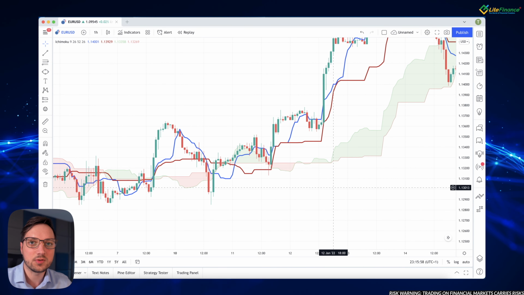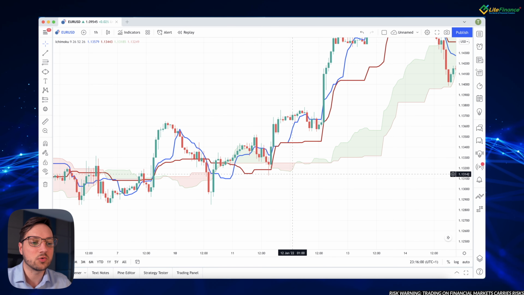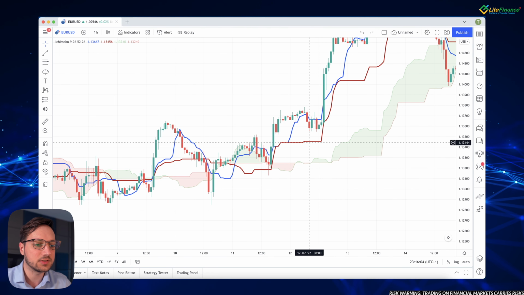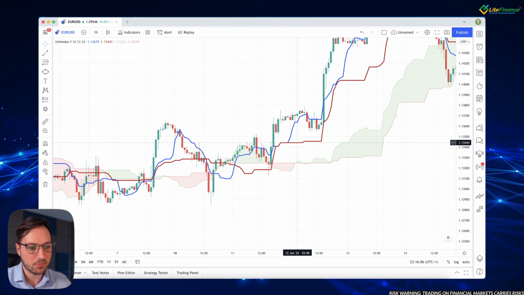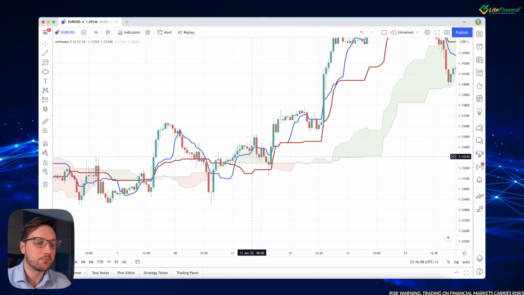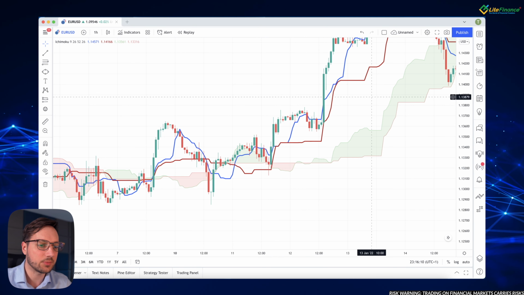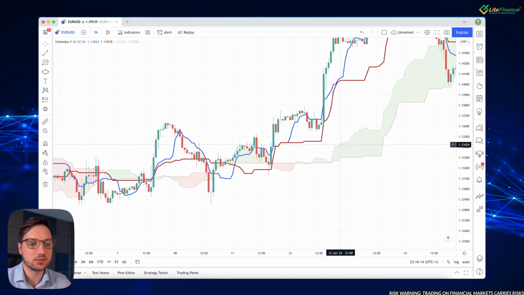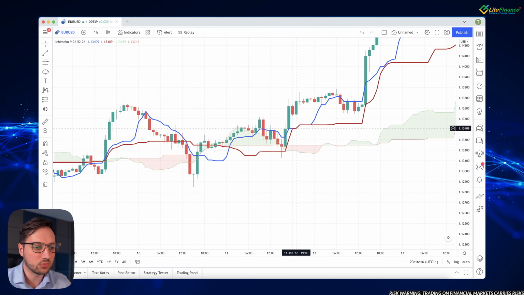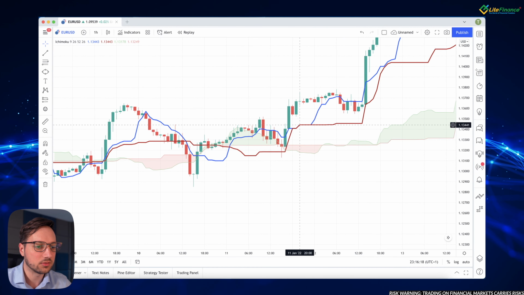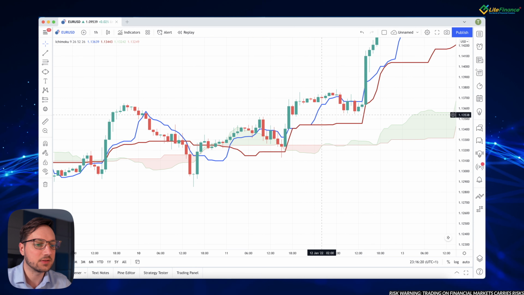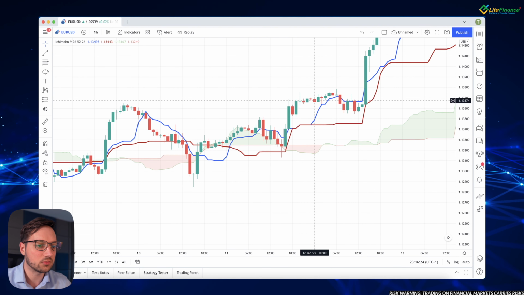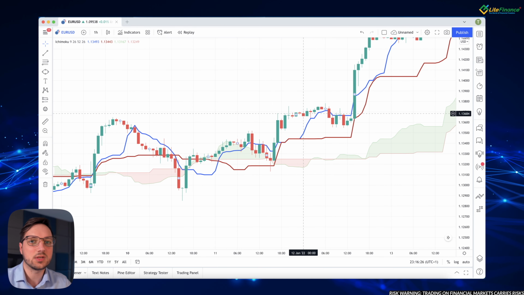And the moment where we are entering the market is the moment when the conversion line, which is this blue one, crosses the baseline, which is this red one. In this situation, when we have an uptrend, we are looking for the crossover from the bottom to the upside, which happened, we can say, over here, they were at the same levels, and it did cross at this small red candle. So this would be our entry level.